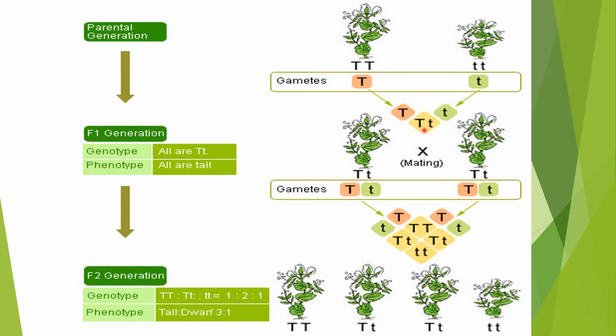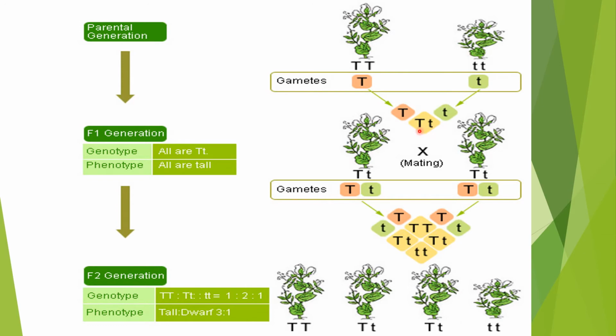The recessive gene will remain suppressed in the presence of the dominant gene. So, the generation of offsprings which are produced, they are all tall plants. So, that is the phenotype of the individuals. The observable characteristics in the individuals is called phenotype.